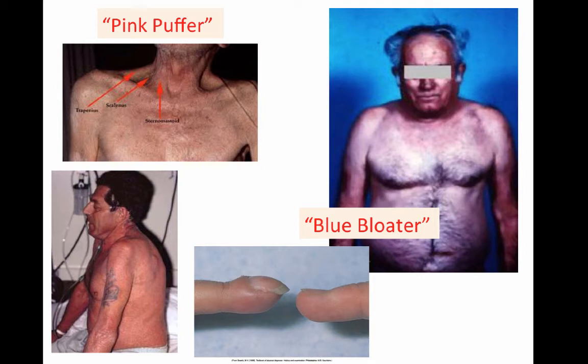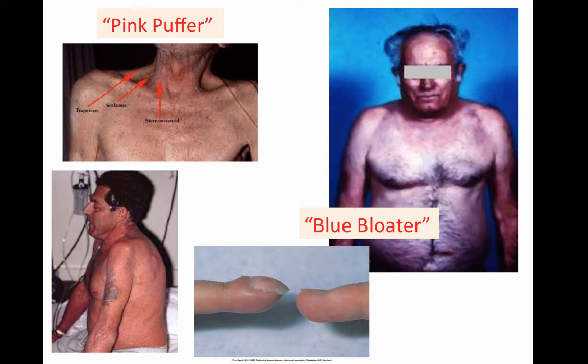They have usually less hypoxemia than the blue bloater. They're working very hard to breathe. They're using a lot of their sternocleidomastoid muscles and a lot of their accessory muscles. So the increased metabolic demand of the patient is much higher in the pink puffer. So they tend to be a little bit underweight, and you might see muscle wasting as well.